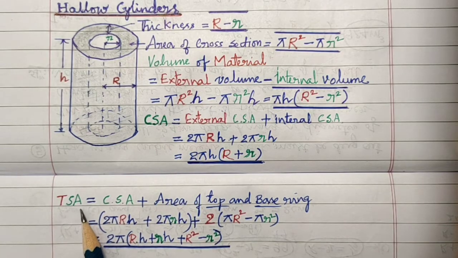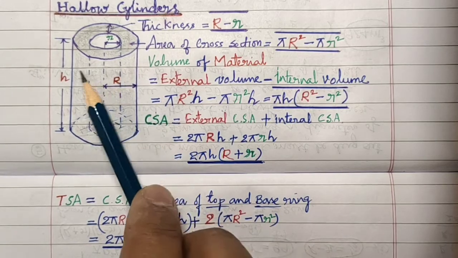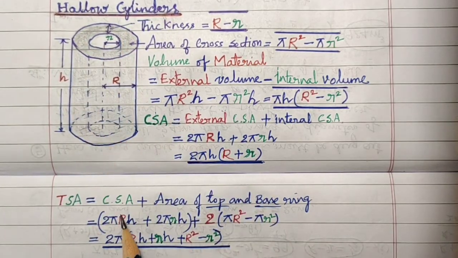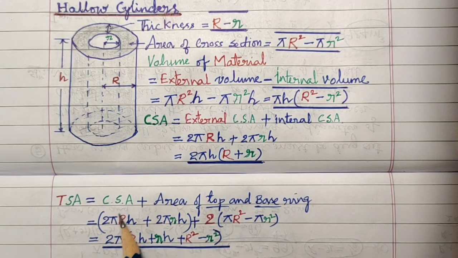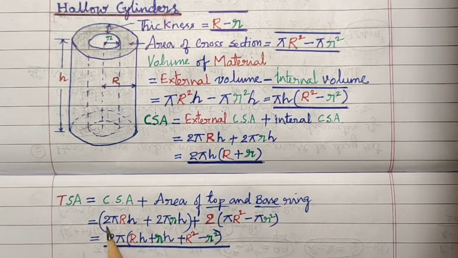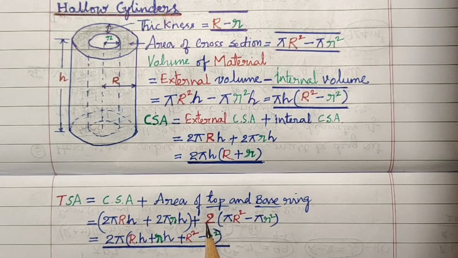Total surface area. In the total surface area we get the curved surface area plus the top portion and the bottom portion, that is the curved surface area plus the area of the top and base ring. This is 2 pi Rh plus 2 pi rh, the curved surface area, plus, because these two are the same, 2 times pi R square minus pi r square.